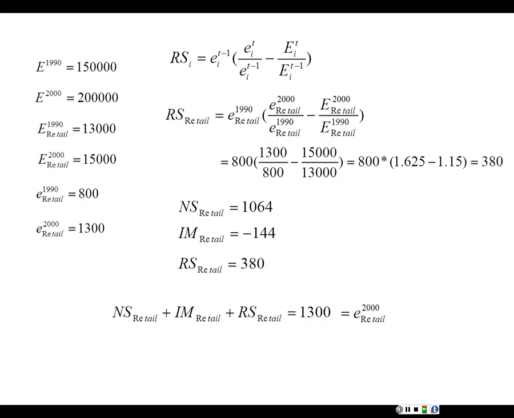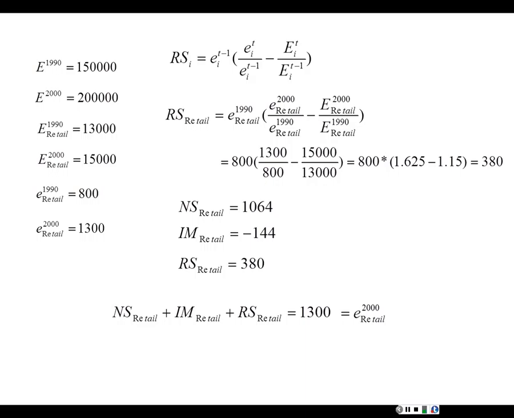And the third thing is the regional shift. Regional shift tells you about your local economy's strength or weakness for this retail industry. Here we have a positive number that indicates your local region does have strength in the retail industry, and possibly some policy going on in the local area that encourages people to purchase more, or possibly because your local people just have more income, and therefore they have more demand for retail services.